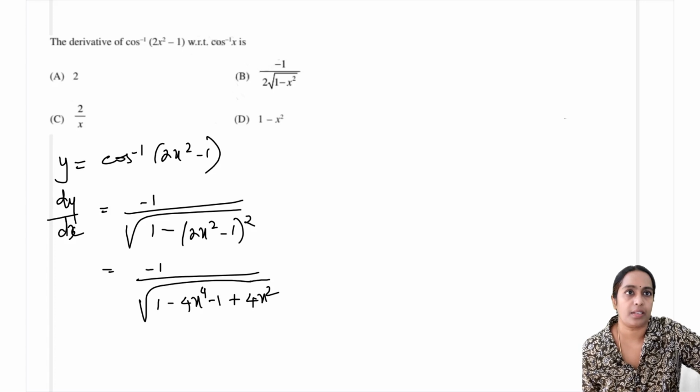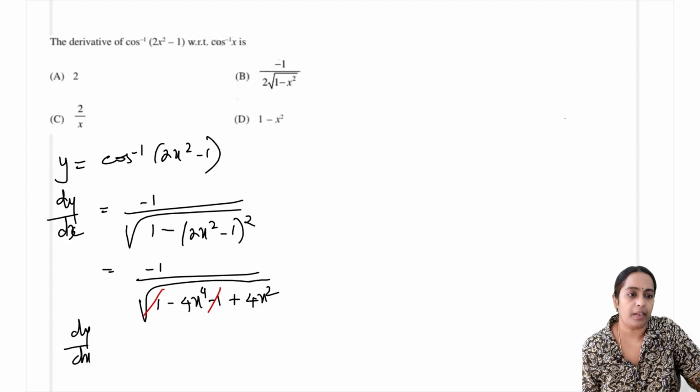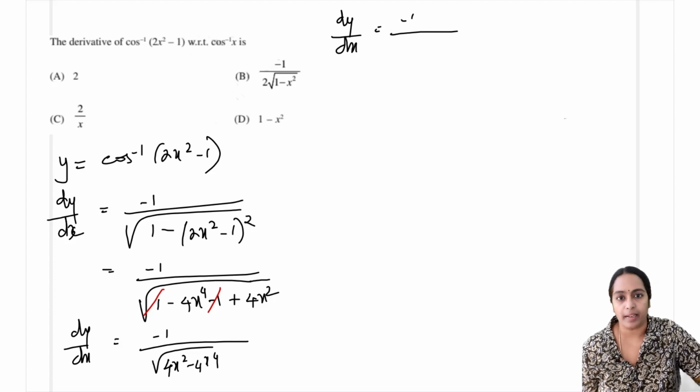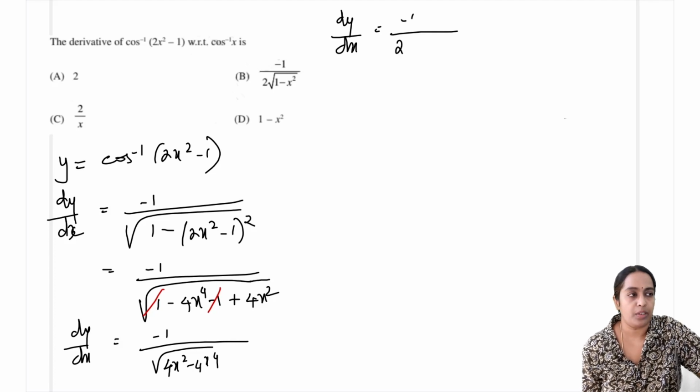Now this plus 1 and minus 1 get cancelled. So dy by dx equals minus 1 divided by square root of 4x square minus 4x power 4. I can take 4x square out of the root, which will be 2x out of the root. So it's going to be 2x times root of 1 minus x square.